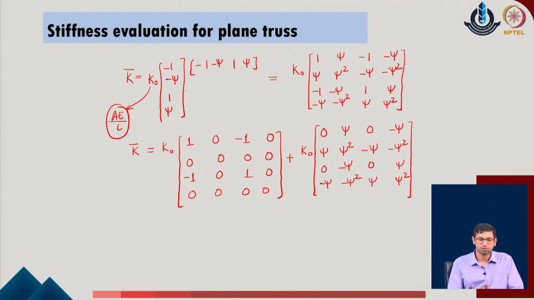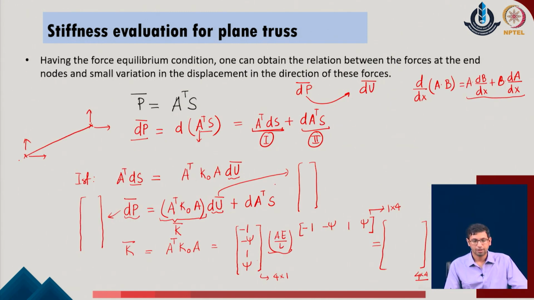I will briefly recall what we did. We started with the incremental change in the load value of the given system. We said that for a small change in the load value, we get similar changes in the expression on the right hand side. We carried out the derivatives with respect to both the part with the A transpose as well as the S, and we got two expressions.